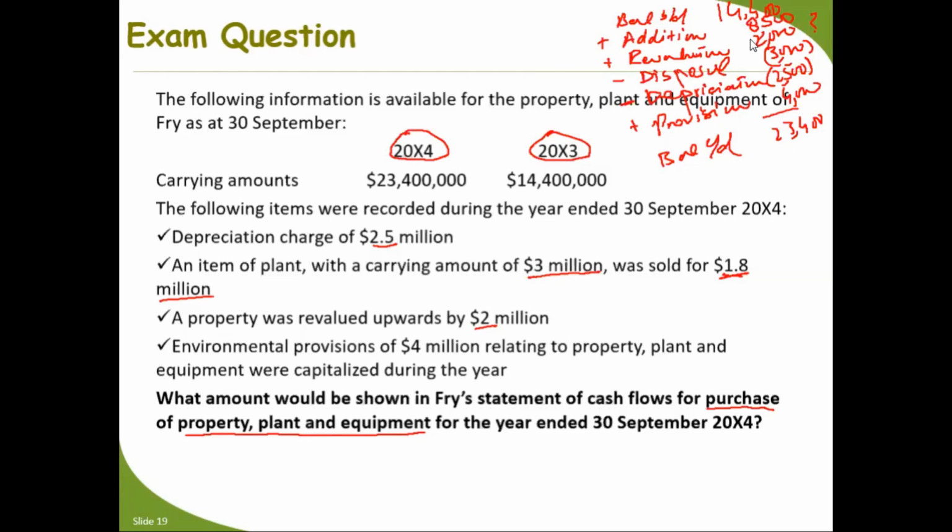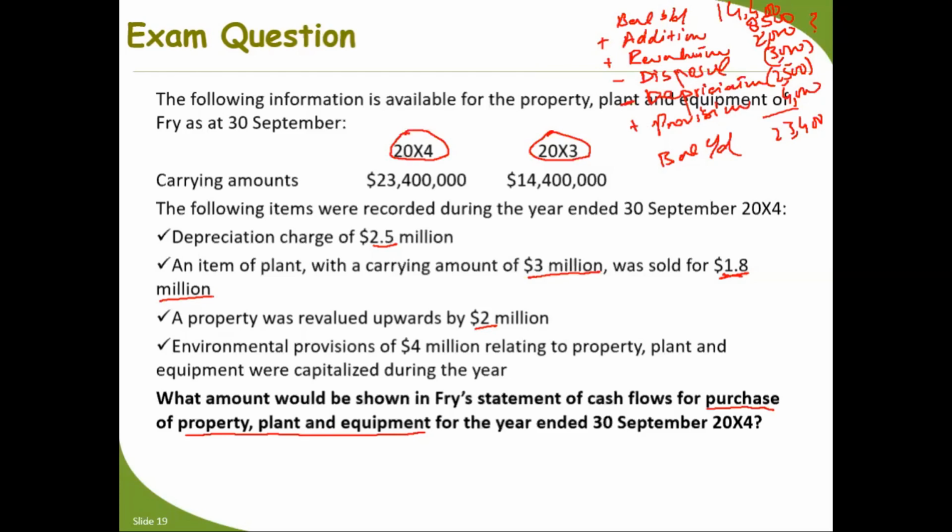Now we can counter verify: 14,400 plus 8,500 plus 2,000 minus 3,000 minus 2,500 plus 4,000 is equal to 25,000. Oh, there is a mistake.